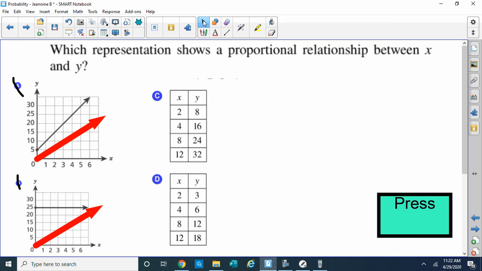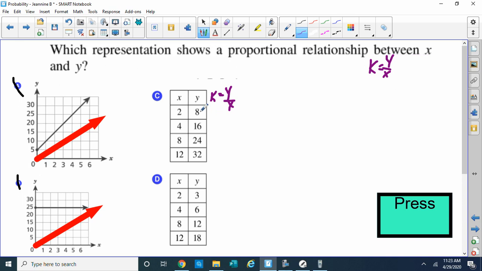Now, to keep you from guessing and trying to figure out what the magic number is, there is a formula, and if you check out my video on constants of proportionality, there's a video on the formula for finding the constant of proportionality, and that's k is equal to y over x. That's the formula you should get to know. So we're going to use that formula, k equals y over x, and see what would be that magic number to give us the constant.